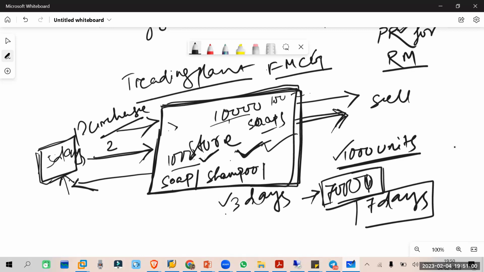So let's take an example, whenever your stock limit comes to 7,000 or 10,000, at that point you have a requirement generated automatically. So whenever your stock limit touches 10,000 or 7,000, as per your configuration, one purchase requisition will be generated automatically.